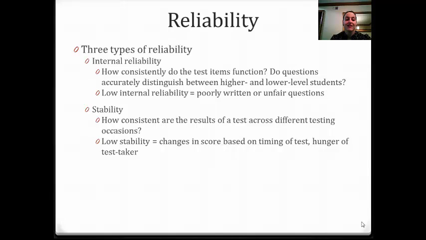But there are many factors that can affect the test results. For example, did the student eat breakfast? Is the student feeling ill or concerned about a problem at home? Did the student see something on television after school on Monday that covered maybe the same topics on the test? So these and other factors, as you can imagine, can introduce some errors of measurement into the test. Okay, and we call this stability.